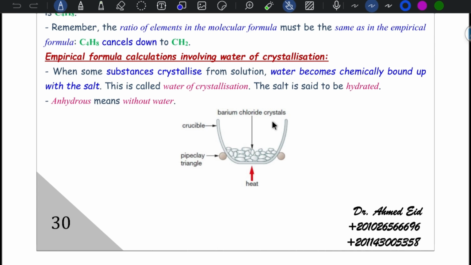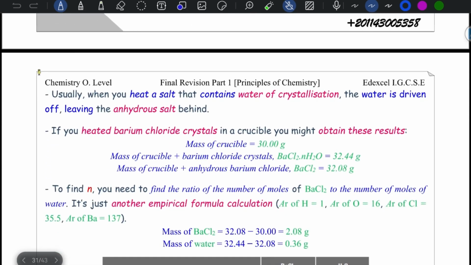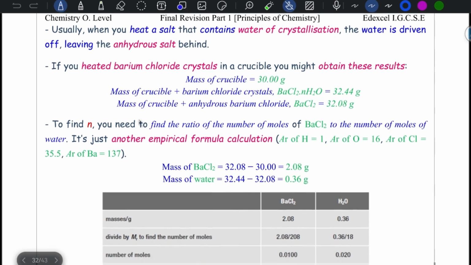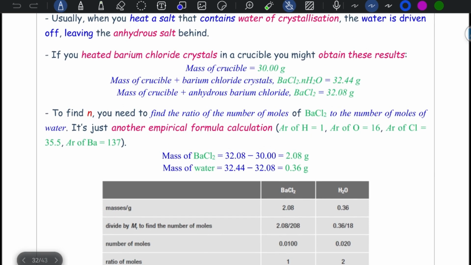Let's say barium chloride crystals in a crucible, just heat it and you will find that it contains water of crystallization, as you will see. Usually, when you heat a salt that contains water of crystallization, the water is driven off, leaving anhydrous salt behind. If you heated barium chloride crystals in a crucible, you might obtain these results.